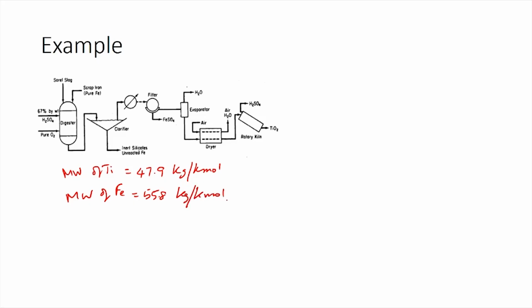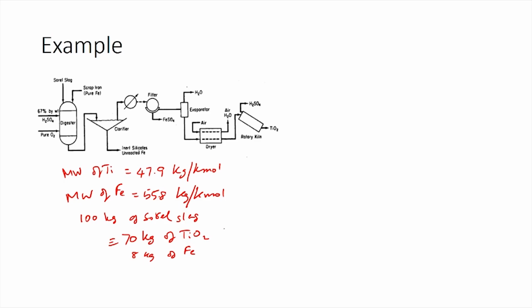So, now that we have this, we have to calculate the number of moles of TiO2, iron, and H2SO4 that are being fed. So, we know that 100 kilograms of Sorrel slag is entering. This contains 70 kilograms of TiO2 and 8 kilograms of iron, and the rest is inert silicates.